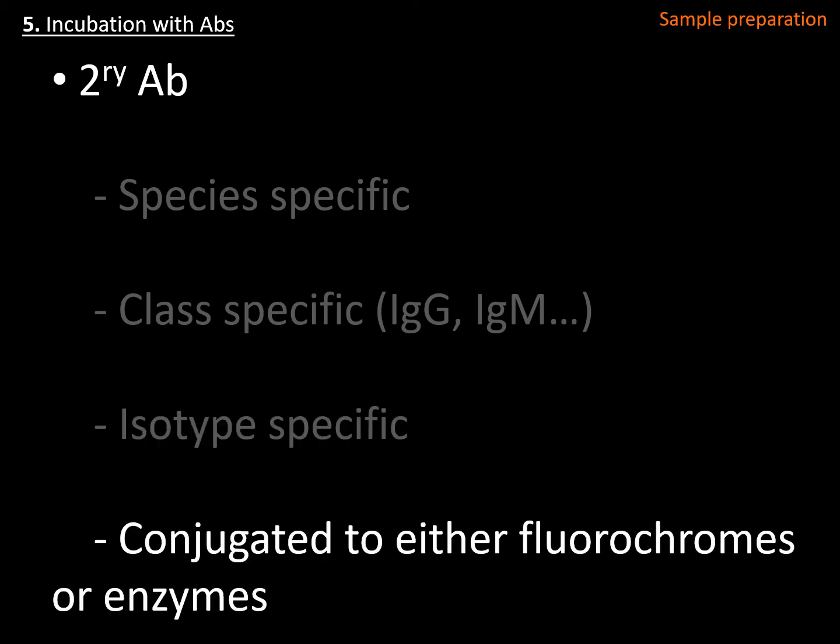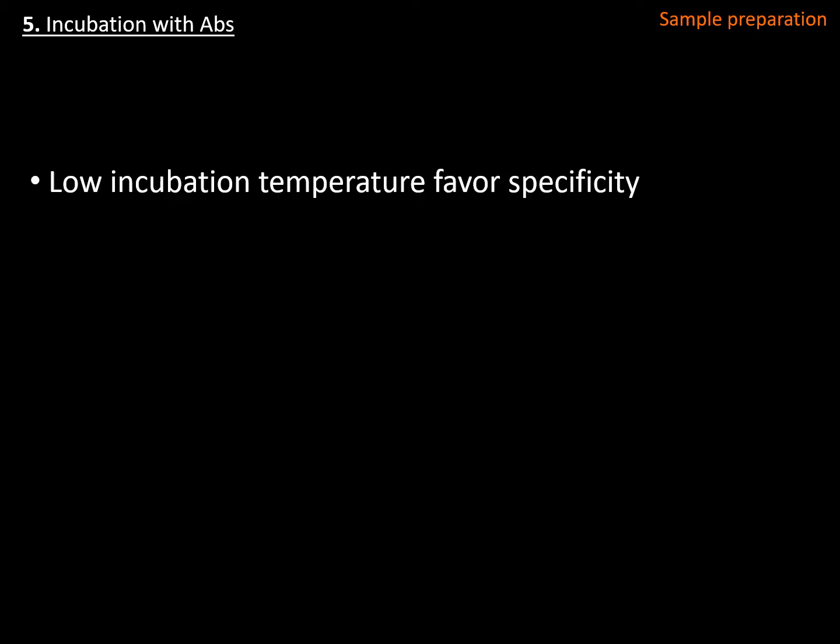As well, you can then have the choice to use secondary antibodies conjugated with either fluorophores or enzymes, and this will allow you to use one type of technology in microscopy or another. They both have advantages and disadvantages, and you can then have that further choice.